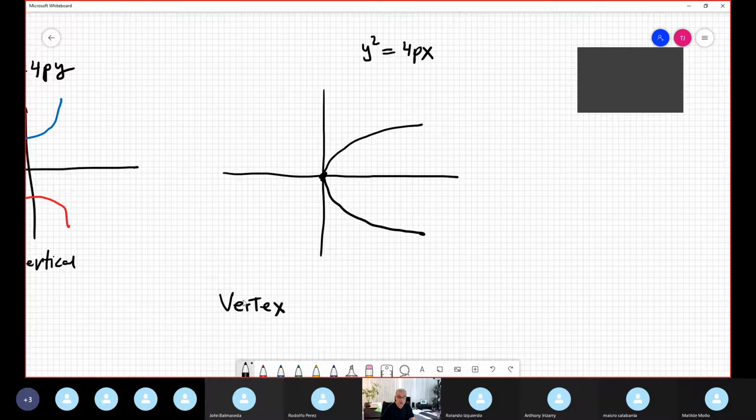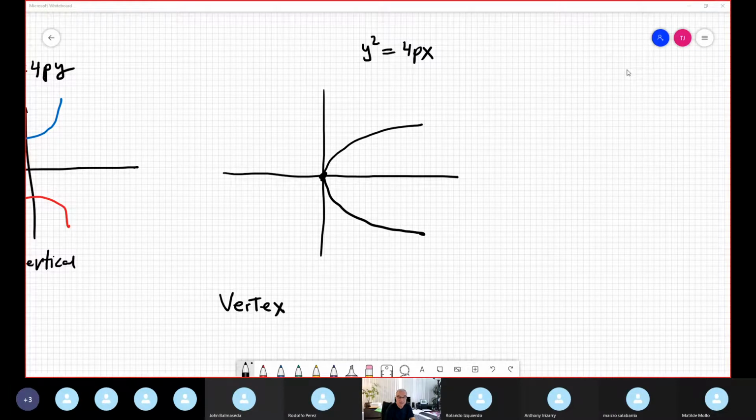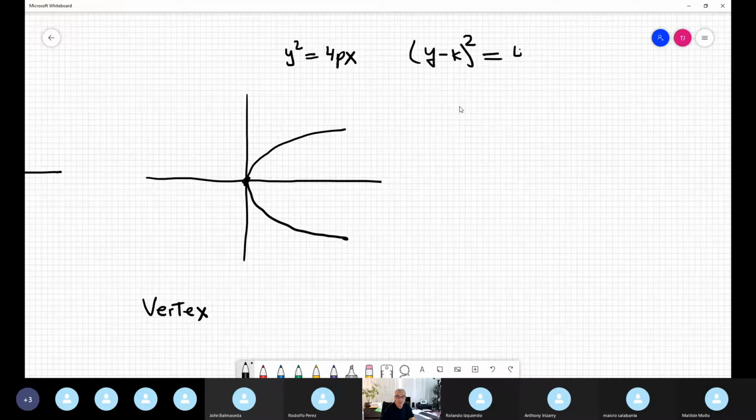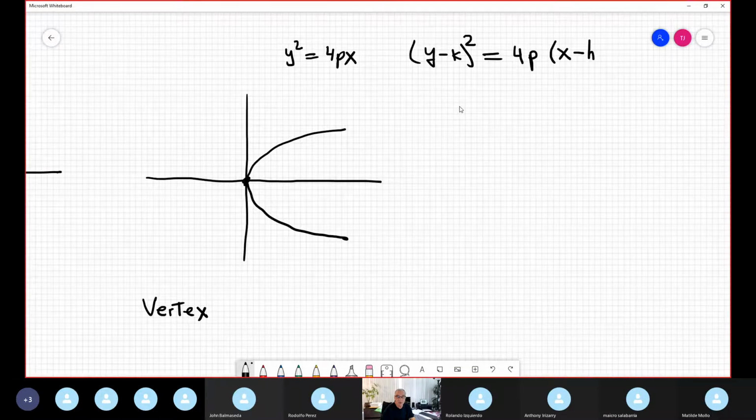In this case, 0, 0, because we have no translation. But in general, we have translation. So the equation is modified a little bit like that. Let me show you. Y minus k squared equal 4p x minus h. So you need to understand that the vertex is located always at the point h, k. Because h represents the x component, k represents always the y component.